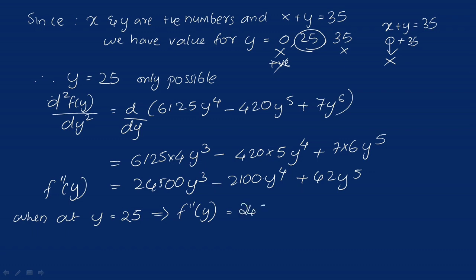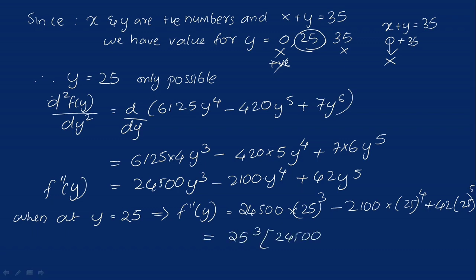If y is equal to 25, f double dash of y can be written by applying 25: 24500 into 25 whole cube minus 2100 into 25 whole raised to 4 plus 42 into 25 whole raised to 5. Taking 25 whole cube as common in all terms outside, we have 25 whole cube into 24500 minus 2100 into 25 plus 42 into 25 whole square.